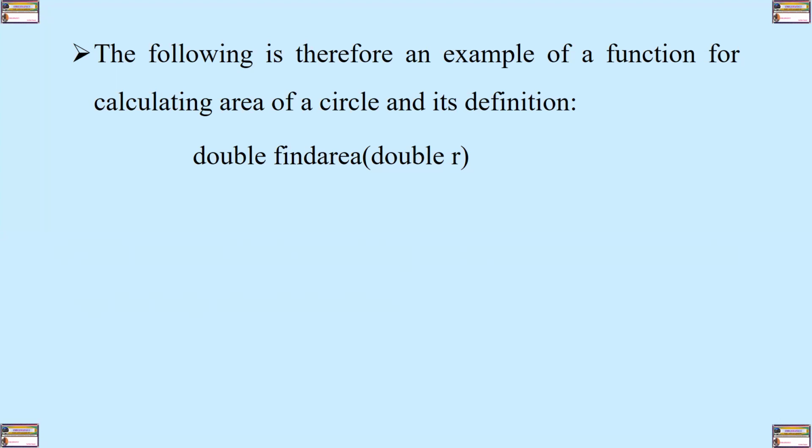That value is enclosed within the pair of opening and closing parentheses, and it is going to be of type double. So the double inside this pair of parentheses indicates the type of value that is going to be received and stored in, let me call it, a temporary placeholder or memory location called R.